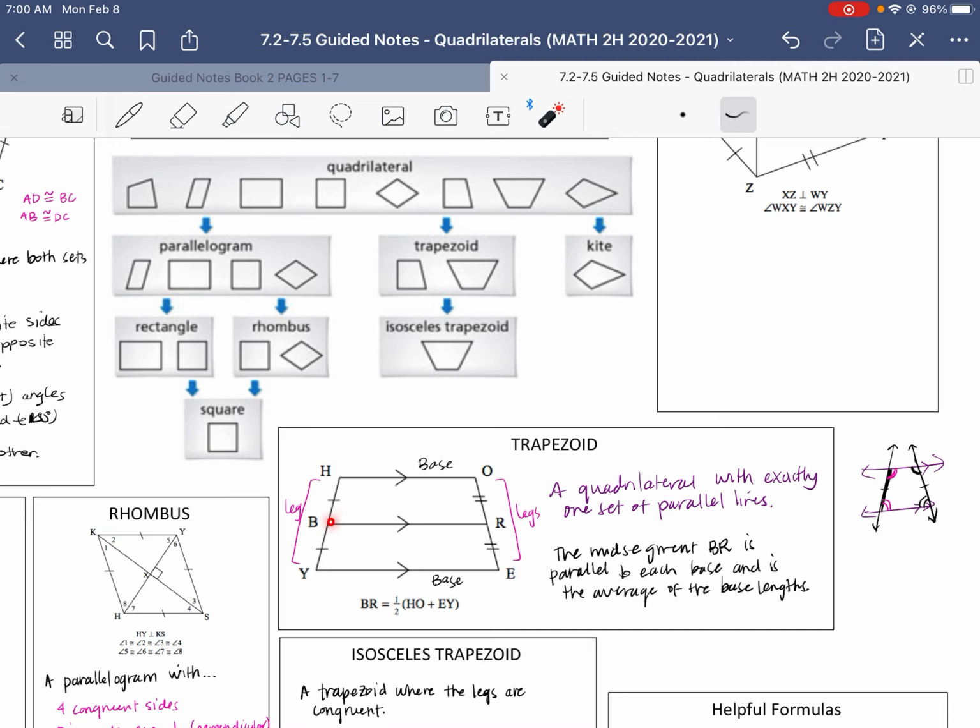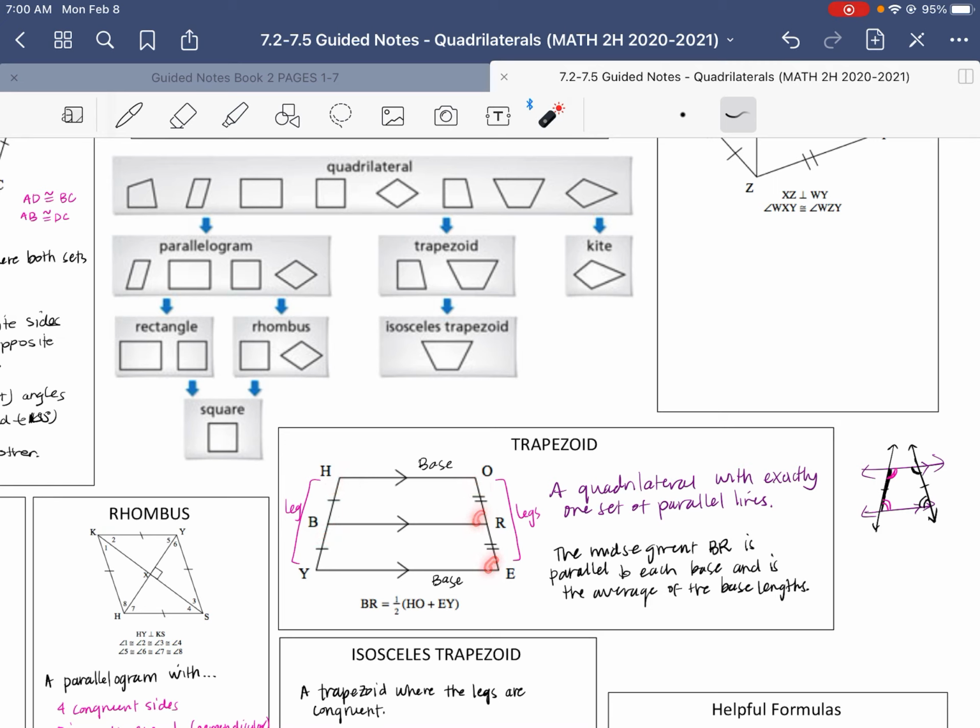Mid-segment means that this segment begins at the middle of the first leg and it ends at the middle of the second leg. So you'll notice this is equal to this, and these two pieces are equal on the right. That means this mid-segment is going to be, again, parallel with both of the bases. So we can actually treat these all like a transversal cutting through. This angle is the same as this angle is the same as this angle.